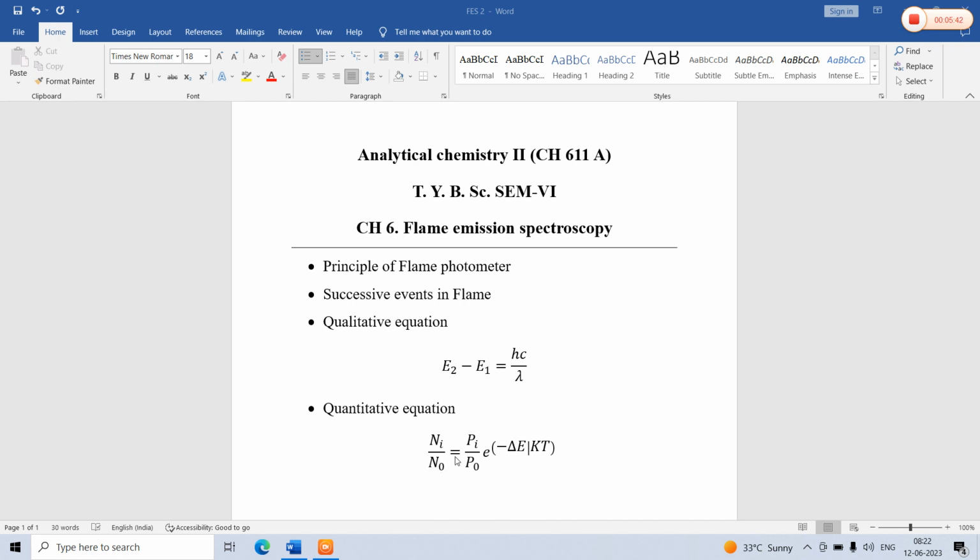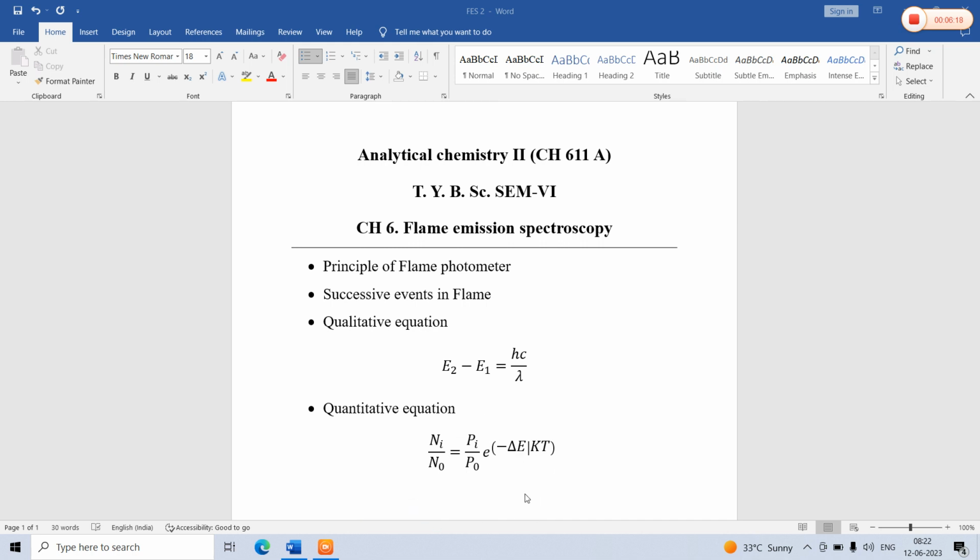Ni upon N0 is equal to Pi upon P0 into e raised to minus delta E upon kT, where k is the Boltzmann constant, delta E is the energy difference, T is the temperature of the flame, Pi and P0 are the statistical constants, Ni is the number of excited atoms, N0 is the number of atoms present in the ground state, and this Ni upon N0 is the fraction of the total number of free thermally excited atoms. So we get the quantitative estimation with the help of this Boltzmann distribution equation.